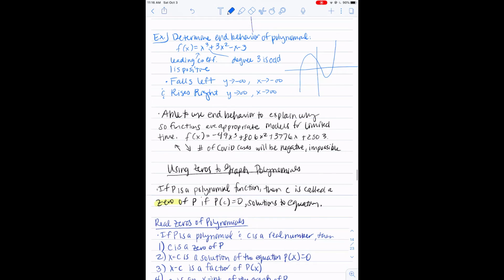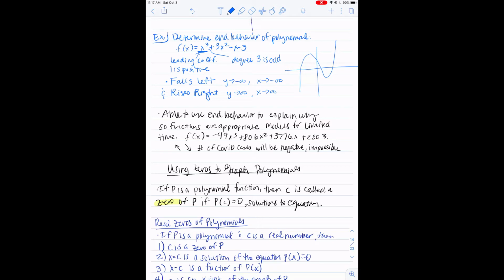In this example, we're going to determine the end behavior of our polynomial. We have f of x equals x cubed plus 3x squared minus x minus 3. This is our leading term, because 3 is the largest degree n.